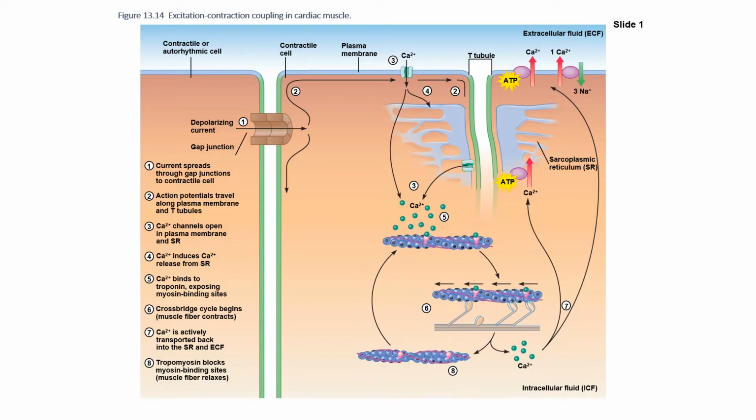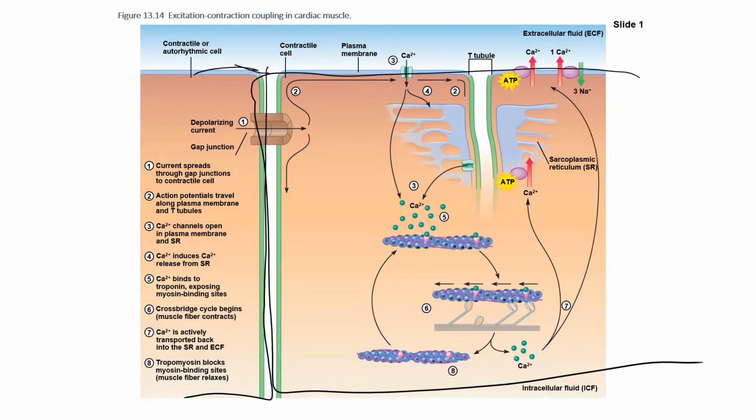This is how your textbook depicts it, and I would say they oversimplify it and make it wildly confusing. So we're not going to use this. I might use it just on a real basic level, but I'm just showing you this. This is the actual SA node fiber that it's trying to depict, and then you can see that it's attached to the contractile fiber through an intercalated disc, and more importantly, a gap junction.